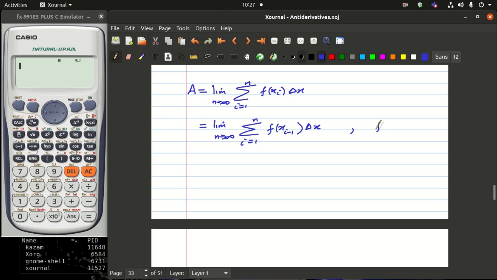Note that x0 is the same as a, and x_n is the same as b, because we'll end up arriving there.